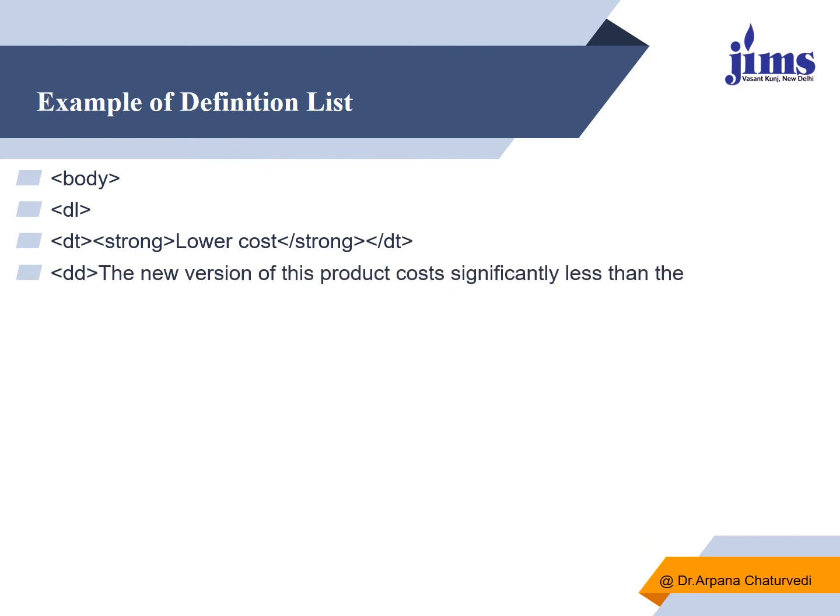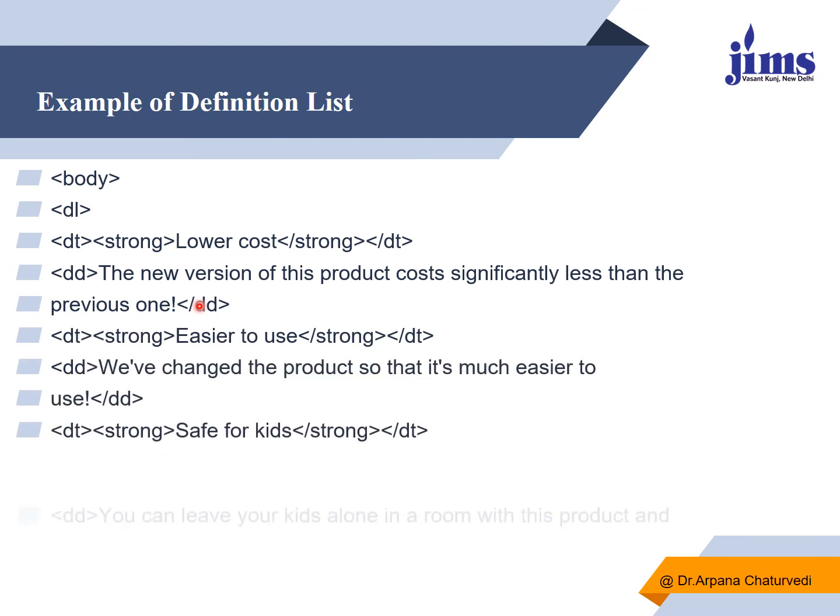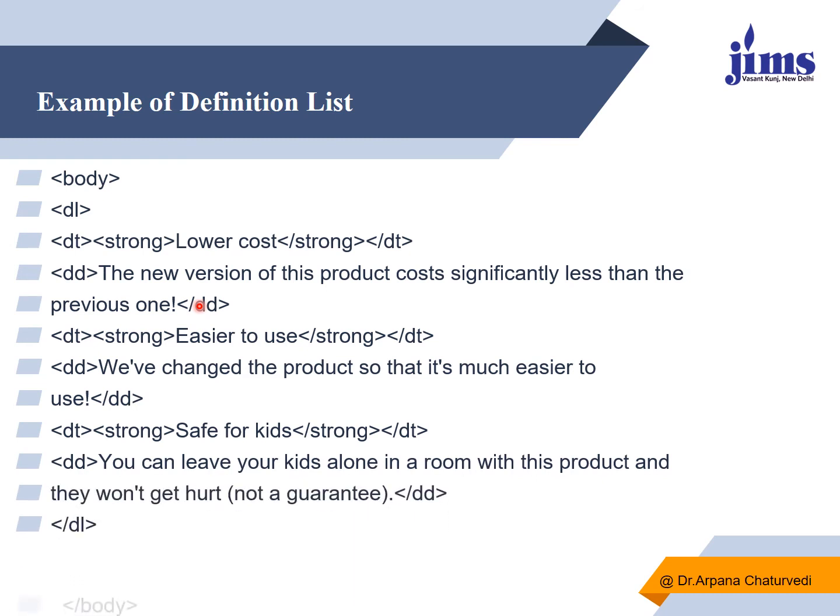DL is a definition list, then DT is a definition term, DT is closed within DL, then DD is the definition, then the definition tag will be closed, it will be the definition of the term, and then we can give as many terms and definitions as we want within the definition list, and at the end we will be closing the definition list. See, this is the definition list. Within this definition list, this is the term, this is the definition, this is the term, this is the definition, this is the term, this is the definition. So you can create definitions.